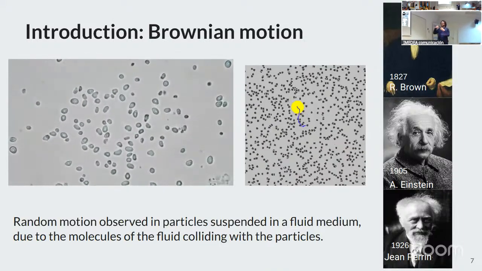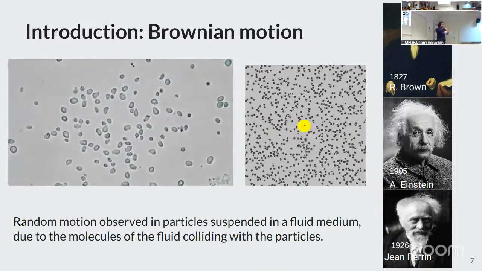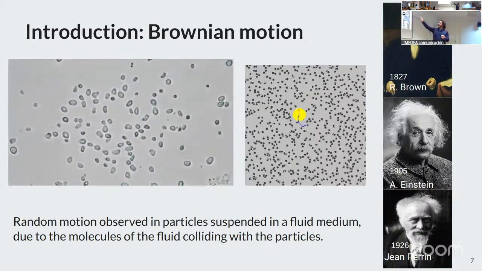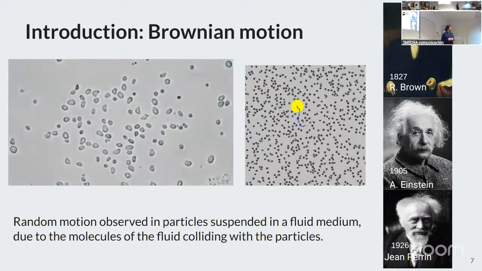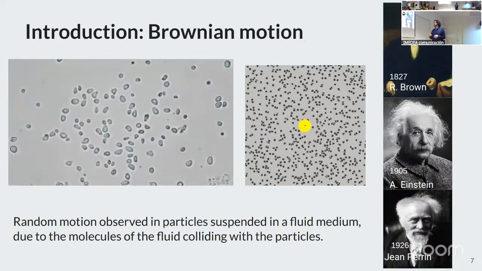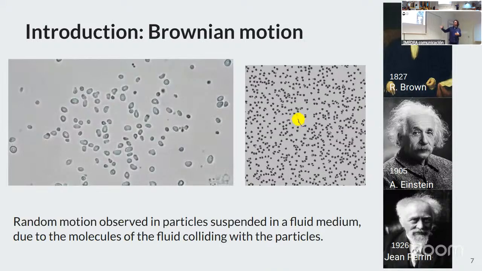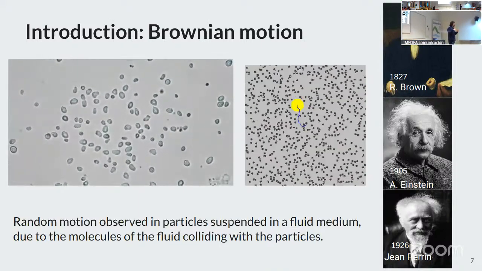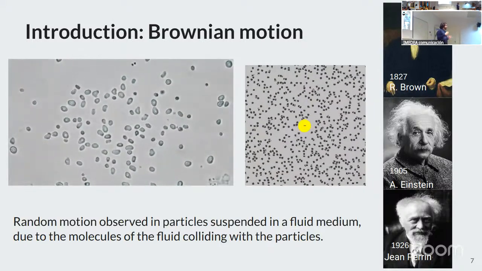And then, since these collisions came from all directions in space, this random motion could be explained, right? And some years later, Jean Perrin demonstrated experimentally that the liquid was made out of molecules, and this was the explanation of the random motion of the pollen grains.